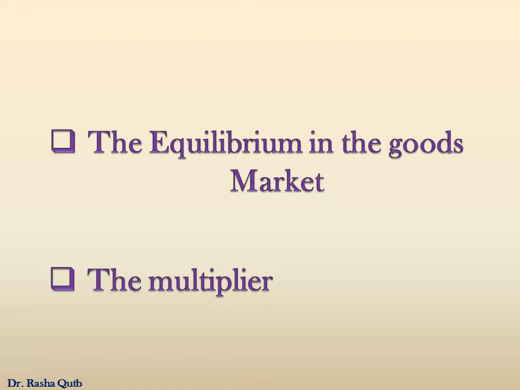And according to the active sector inside the economy, we could determine the type of our economy. For instance, if household sector and business sector are the only active sectors inside the economy, we call this economy closed economy without government.